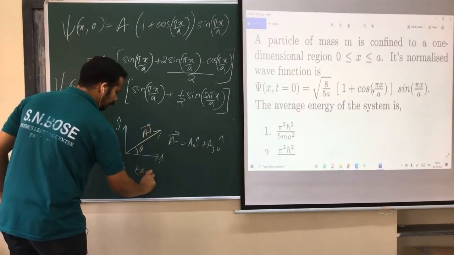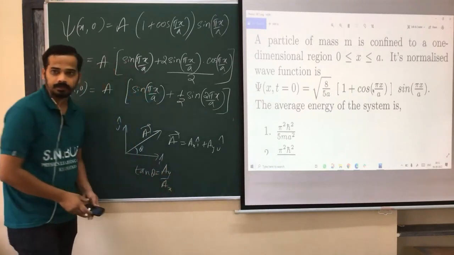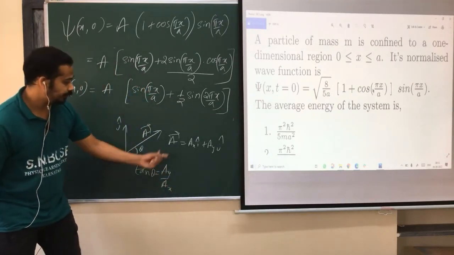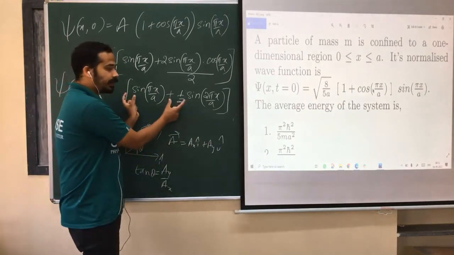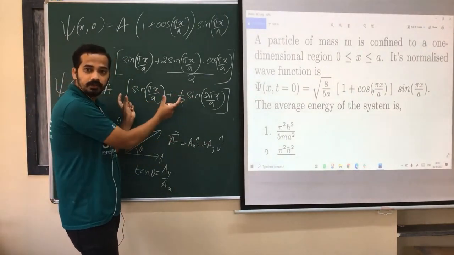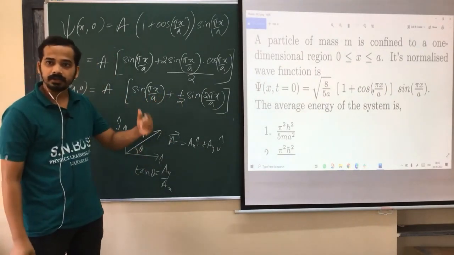Tan theta is equal to ay by ax. That means the ratio of these coefficients decides its direction. Multiplying by a constant doesn't affect the ratio. That ratio contains a physical property, direction.